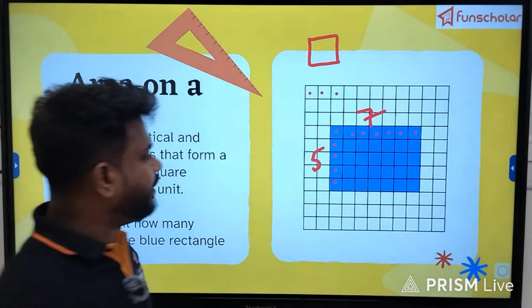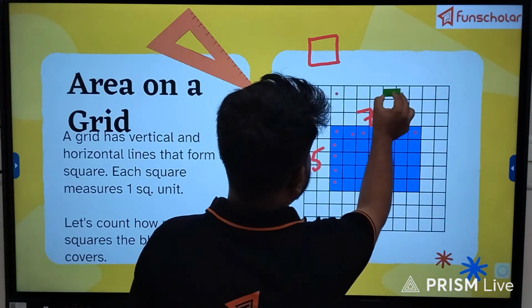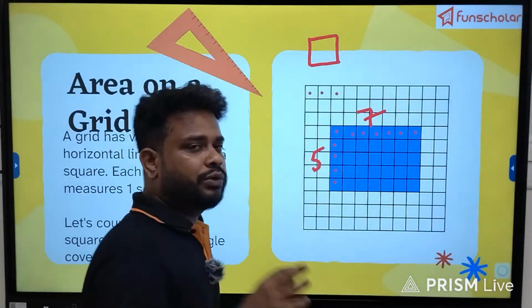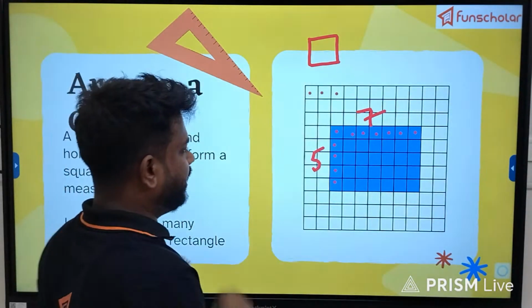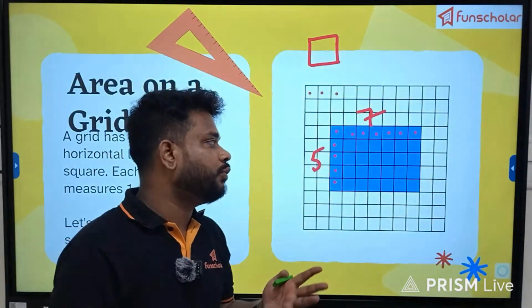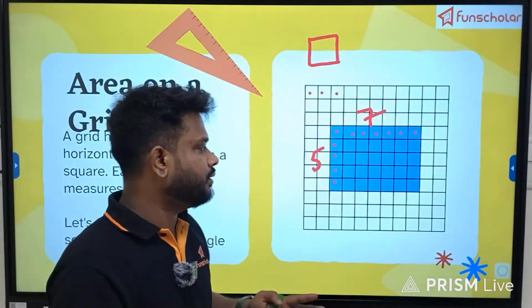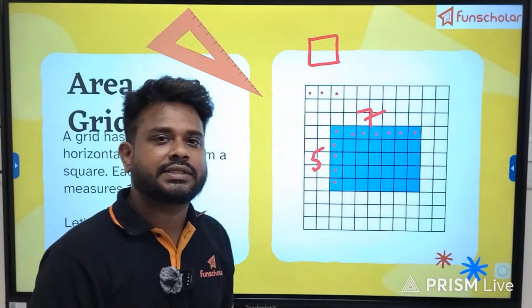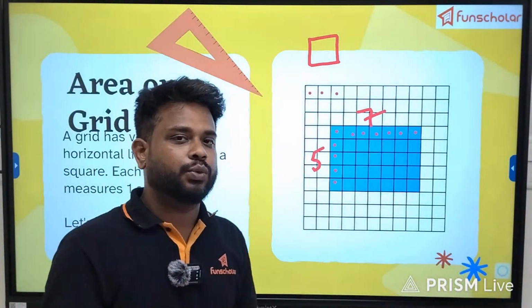If we place this in here, this one will be a much smaller one. If you want to place it anywhere in this grid and you are told to find the area of that figure, it will be 7 into 5, that is 35 square units.